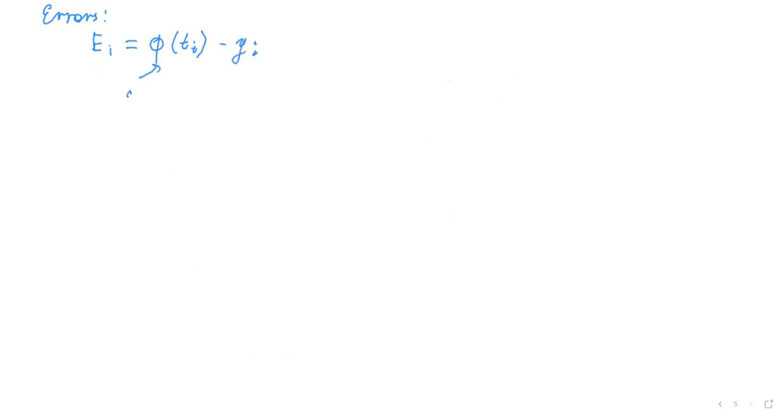So that's the actual solution, and that's what the numerical approximation gives us. Okay, this is called the global truncation error.